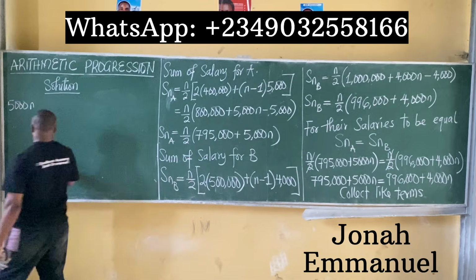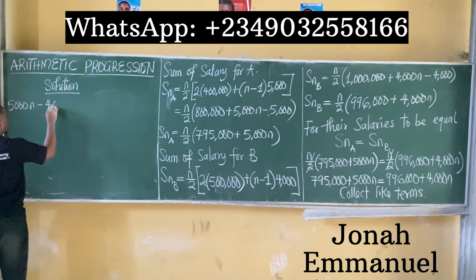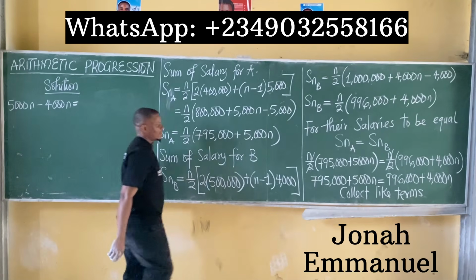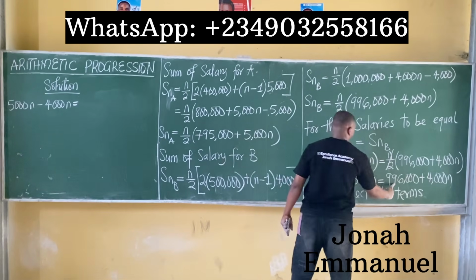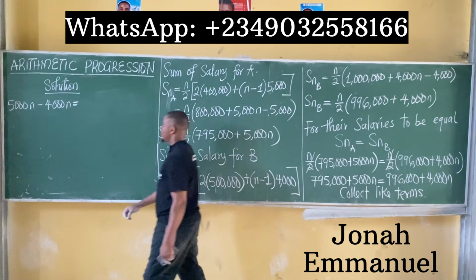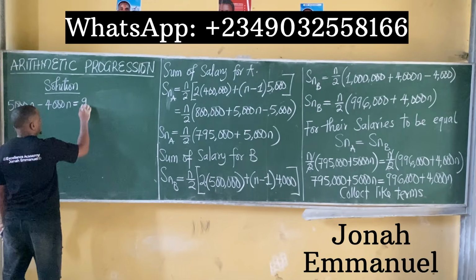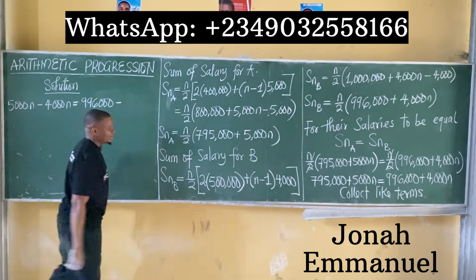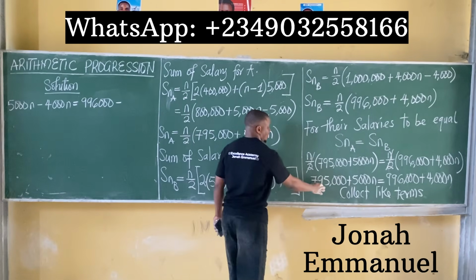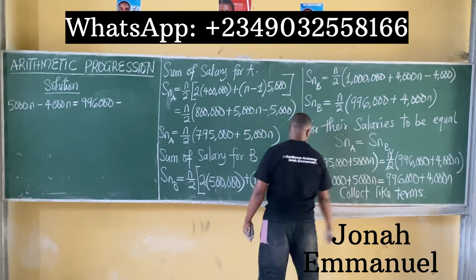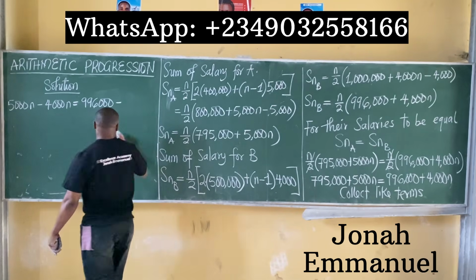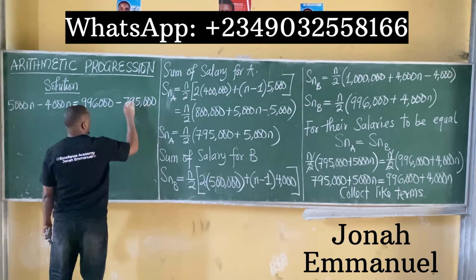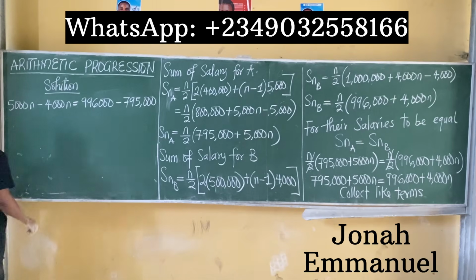So minus 4,000 n is equal to 996,000. Then minus 795,000, which is positive, moved over here, becomes negative.